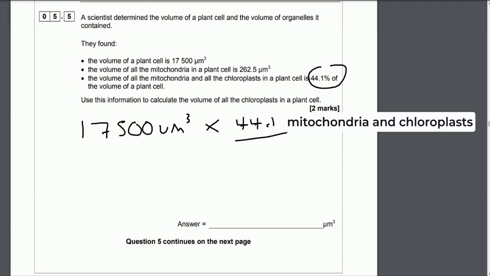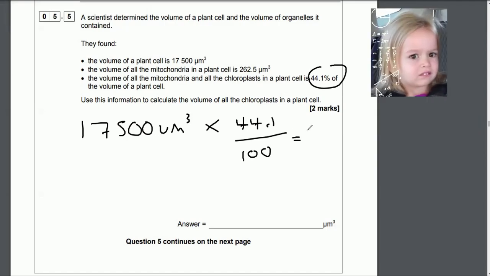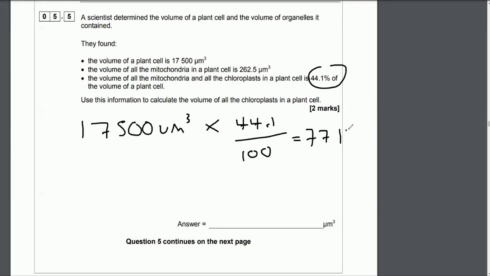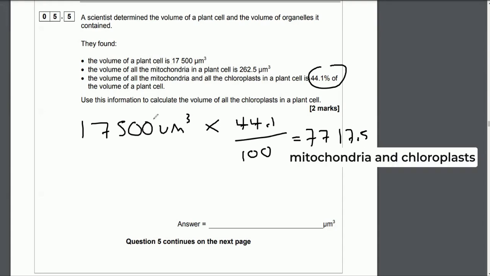So we do 44.1 over 100. You can just do 0.441. And that is going to get us the answer. Smash that in the calculator, and that is going to get us 7,717.5 micrometers cubed for all the chloroplasts and the mitochondria.